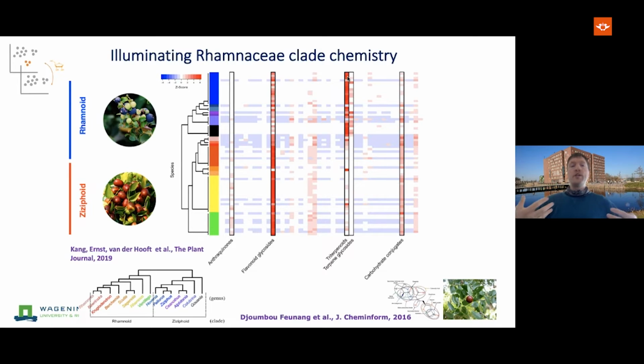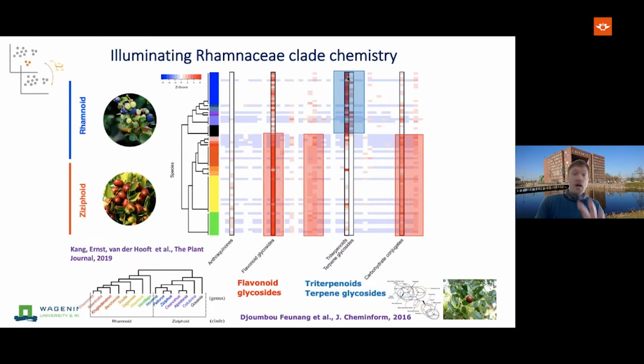So actually, it helps us to identify particular clade chemistries. And I highlighted here, it's maybe a little bit biased now, but it helps you to look where to look. And I think some patterns are really strong, like for the flavonoid glycosides and also for the triterpenoids.